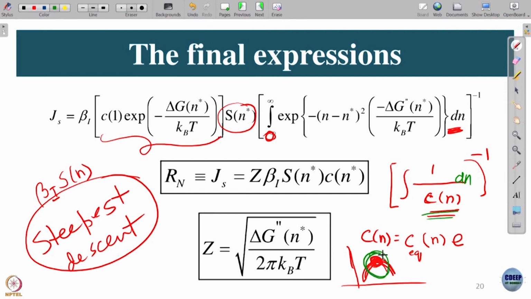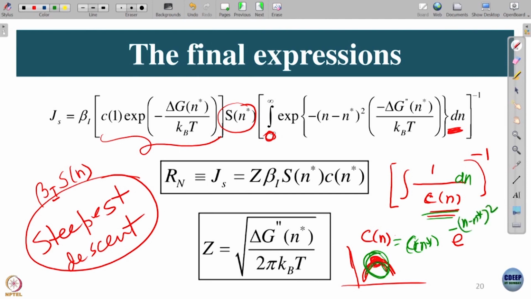So the way I would do that, I will say okay, Cn is Cn star, and then this is a harmonic, I assume it to be harmonic, and I write the fluctuation here, n minus n star squared.